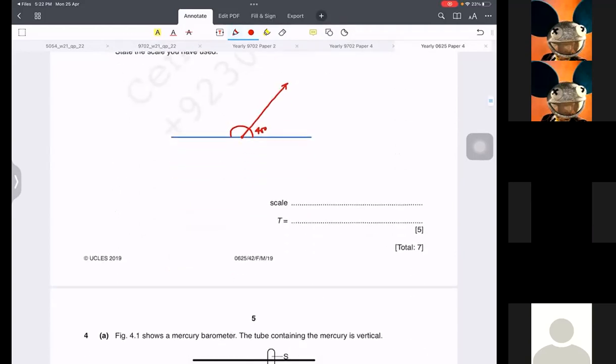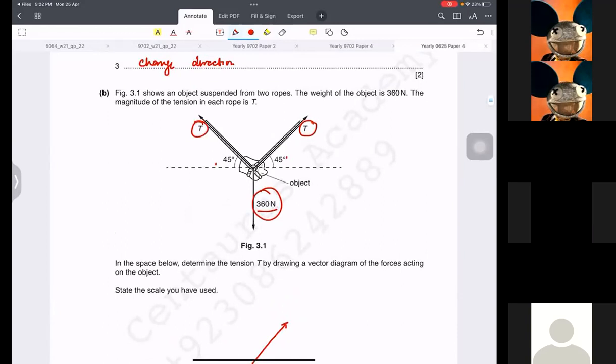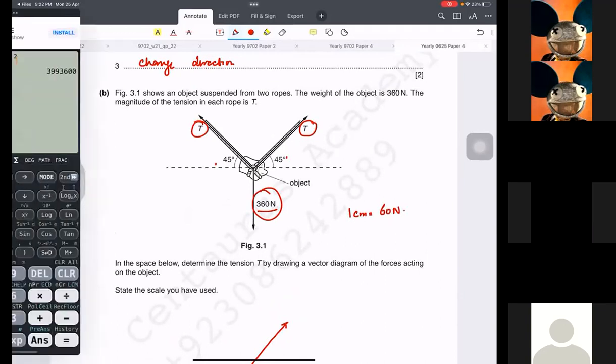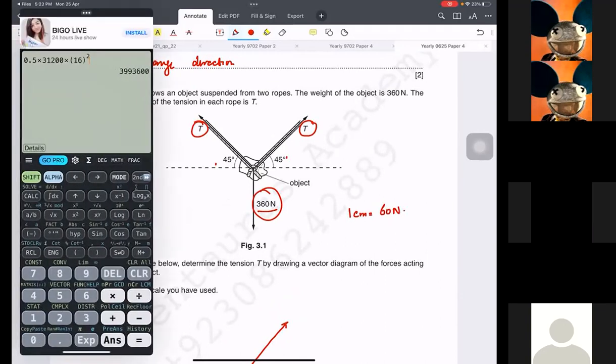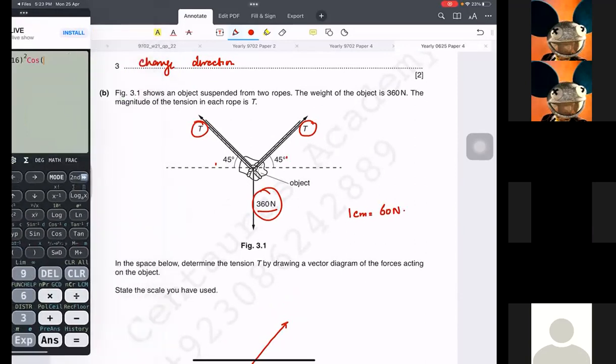Now let's take a scale, because this is 360 newtons, right? How about we take a scale of 1 centimeter equals 60 newtons?